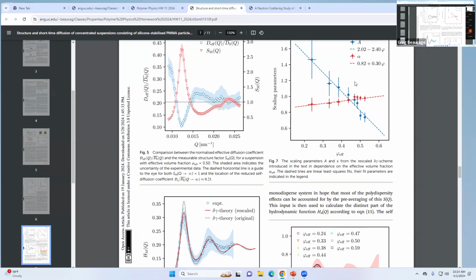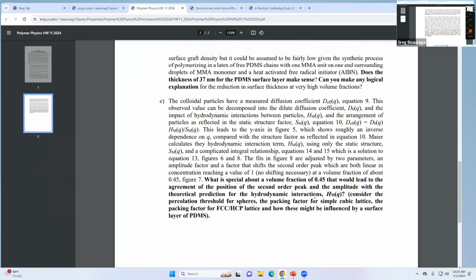So maybe 45 is a percolation, or maybe it's something else. You can figure out whatever you think it is. He doesn't say. He just says there's a magic number, 45. So the question is, what is that? There might be other things about packing spheres that you can come up with. This is basically an open-ended question.